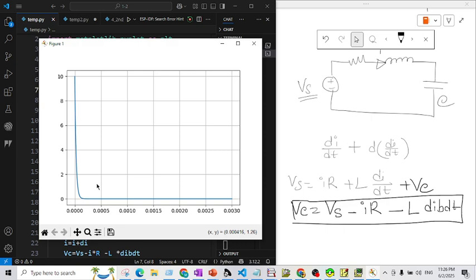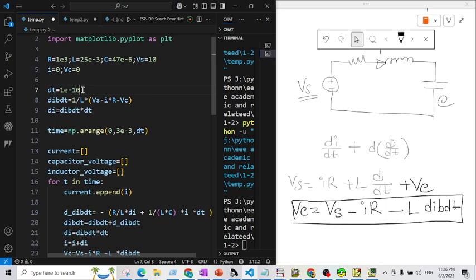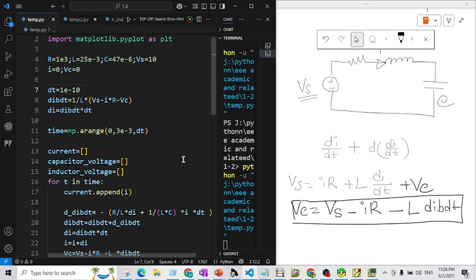Oh, okay, I understand. Now let's take it again smaller. It's taking some time as I reduce the dt, but it should come.